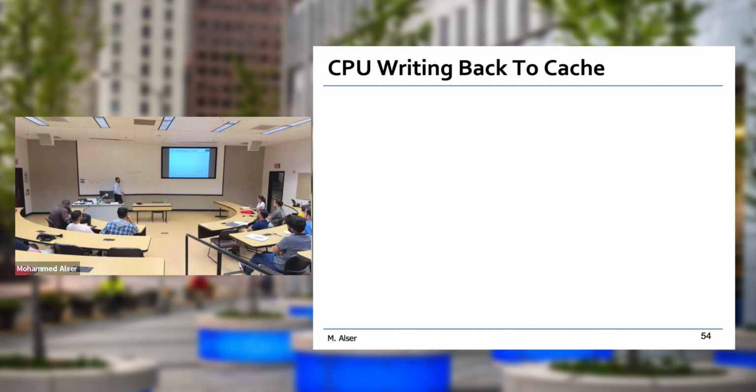All right, so now we talked already about replacement. We talked about insertion, which is, when the cache is empty, where to insert those blocks. Now let's talk about when we already perform something on the cache block. We already computed it, and we made it dirty, meaning updated. Now what should we do?